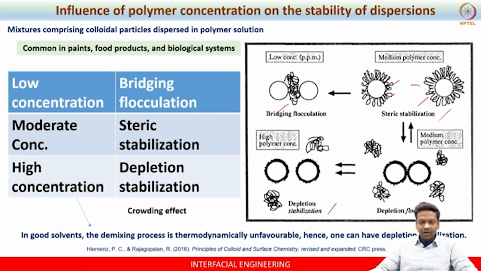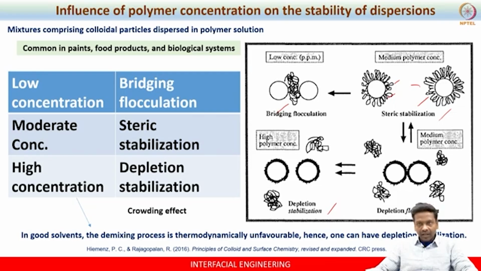When you have polymer concentration from moderate to high, you can expect depletion flocculation or depletion stabilization. Depletion stabilization occurs whenever, in a good solvent, these adsorbing molecules can be readily and easily dissolved in the good solvent.